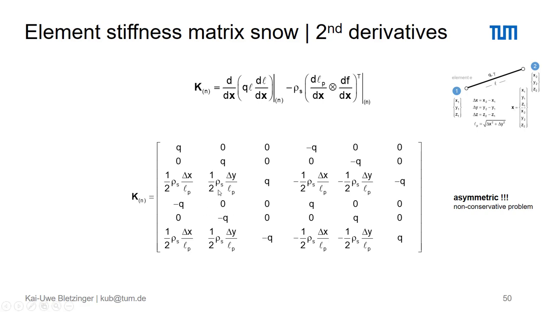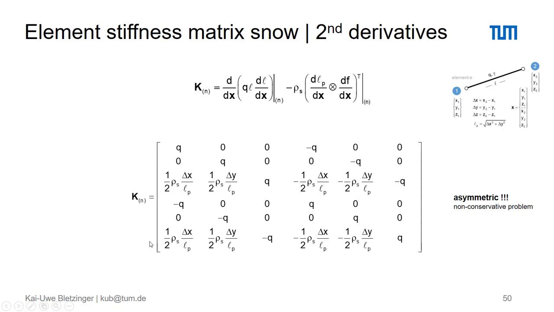And you see that the length has to be replaced by the projected length of the element, and the projected length is simply the Pythagoras of the x difference and the y difference. The z difference is just missing.